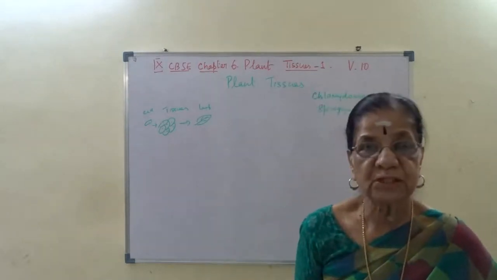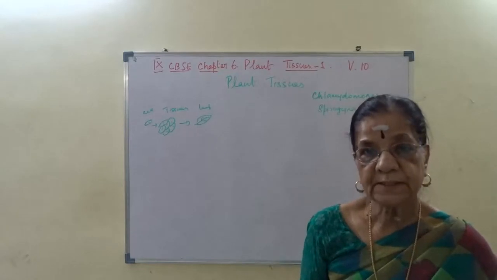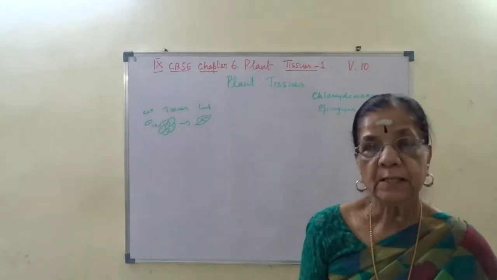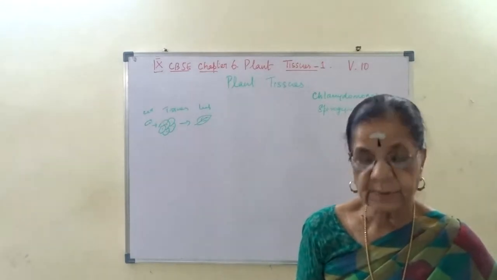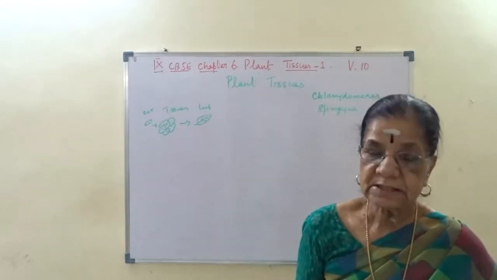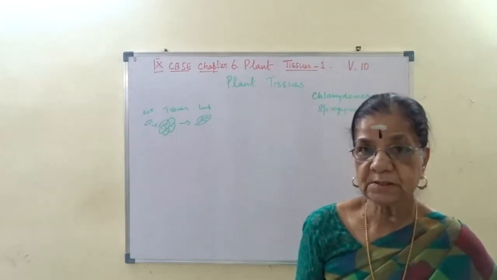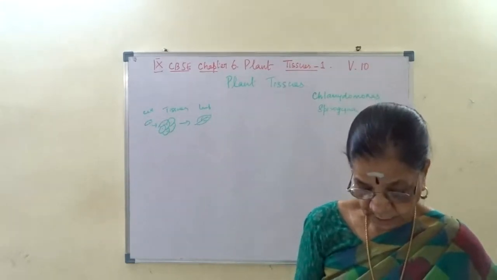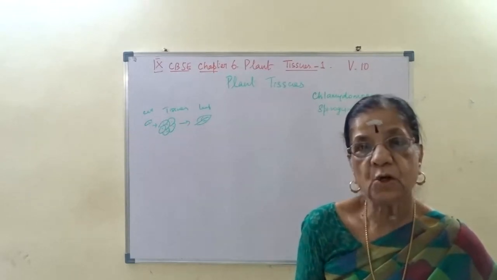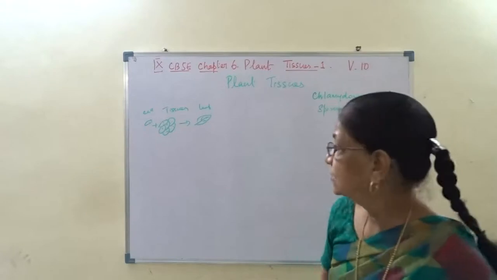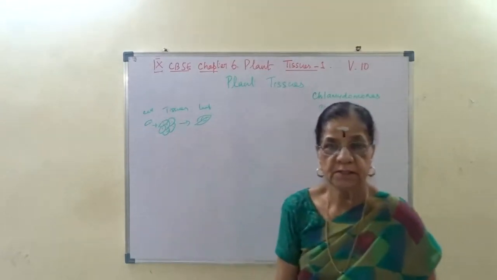A group of cells positioned and designed to perform a particular function is called a tissue. This is the definition of tissue. An organ is a structure made up of a collection of tissues. So first cell, then tissue, and this forms an organ.